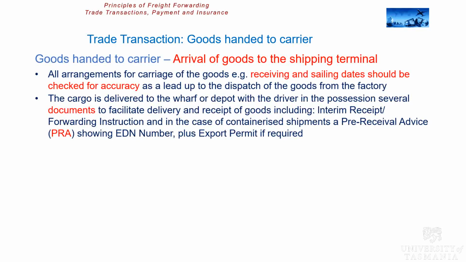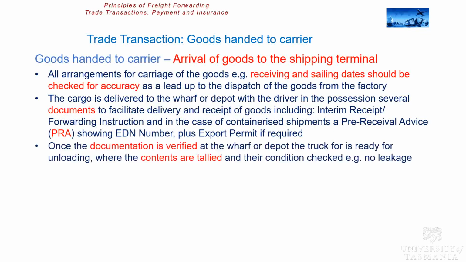So they're going to need things such as perhaps an interim receipt or a forwarding instruction, and if it's a containerised shipment, he should also have a pre-receival advice, so that you've already communicated with the container terminal that your goods, and you booked that in, as well as ensuring that the EDN, your export declaration number, and any other permit documents have also been met and are available for review.